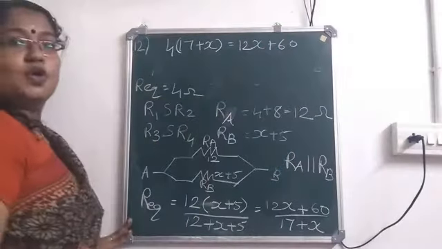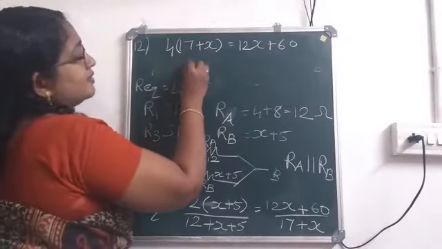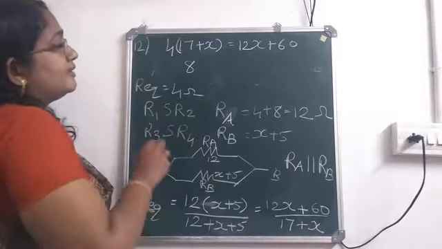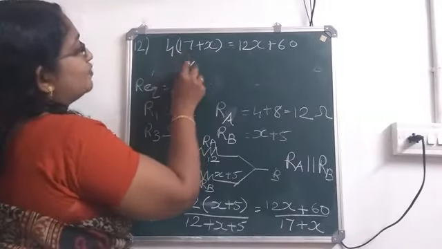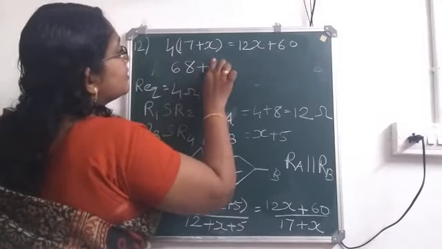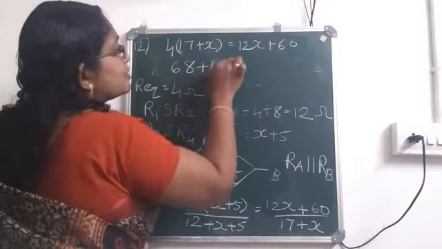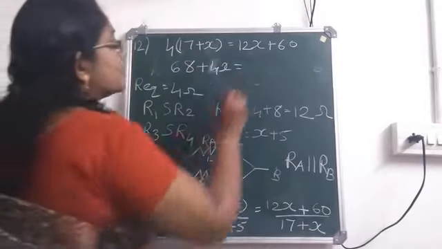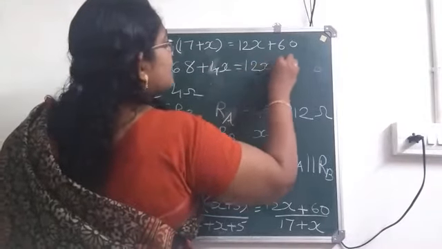Now how much is 4 into 17? 4 sevens are 28. Then 2 remainder. 4 into 1, 4, 5, 6. Isn't it? So 68 plus 4 into X is 4X. This is equal to 12X plus 60.